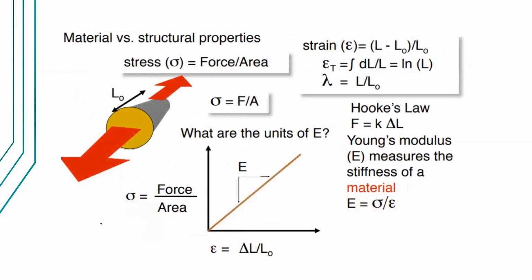Now, we know that stress is force per area, and that strain is the change in length divided by the original length. If we plot stress on the y-axis and strain on the x-axis, the slope of the plot, if it's linear, we call the Young's modulus.